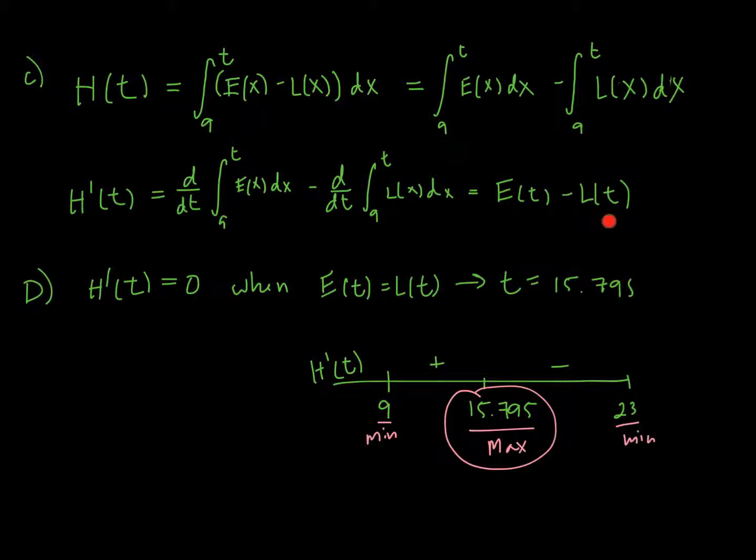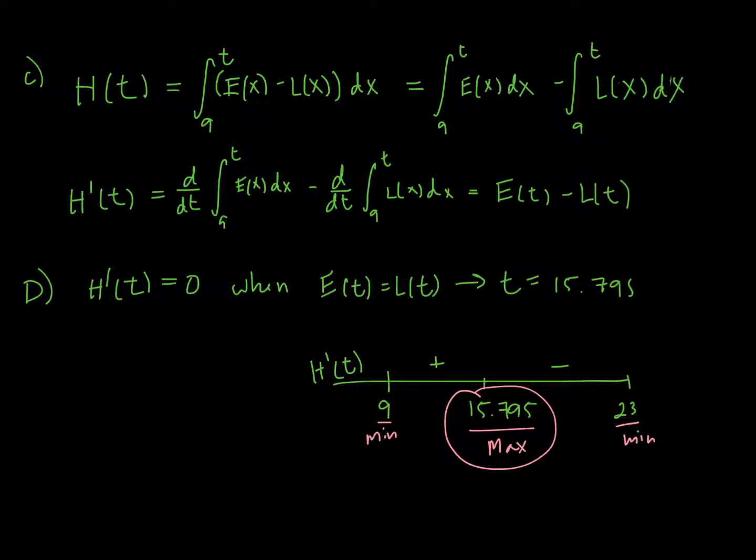So I'll either have a positive or a negative change. So h prime of 17 is e of 17 minus L of 17, and that's going to actually be negative 380. So that's the rate at which the number of people in the park is changing. At 5 p.m., I have 380 people per hour leaving the park.